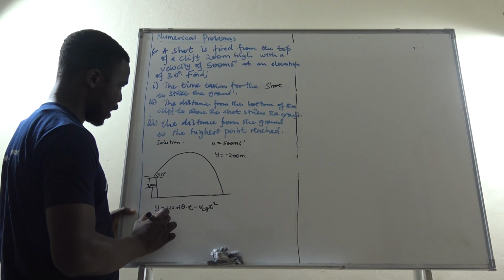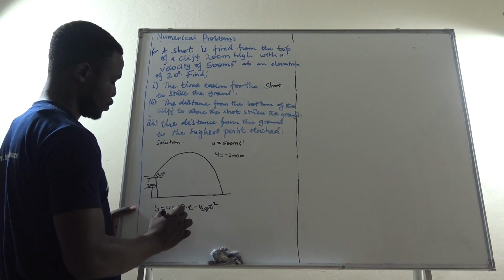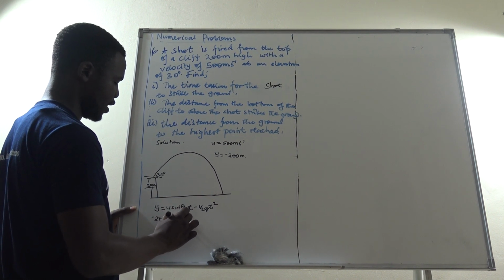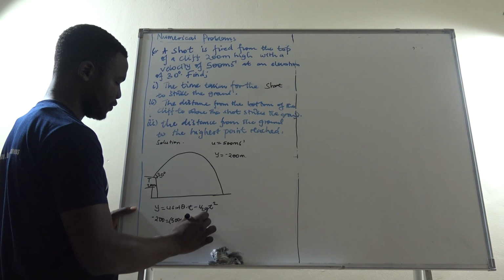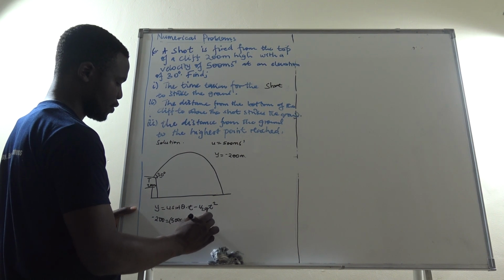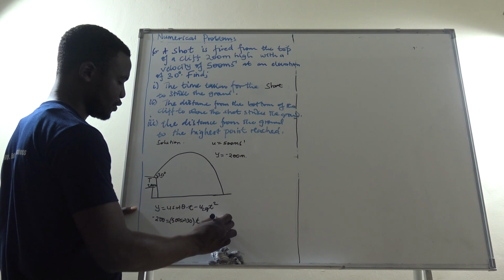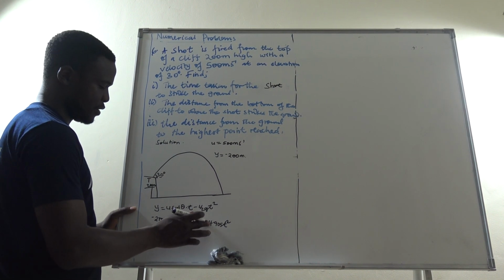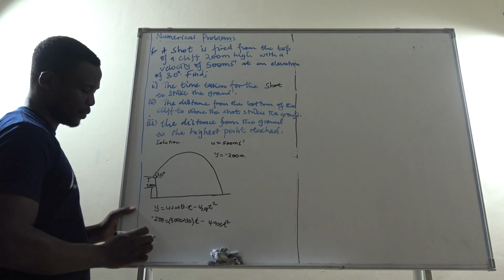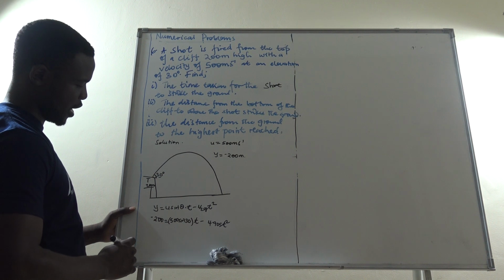Therefore, negative 200 is equal to 500 sine 30 times t, minus 4.905 t squared. Now, what do we see here?